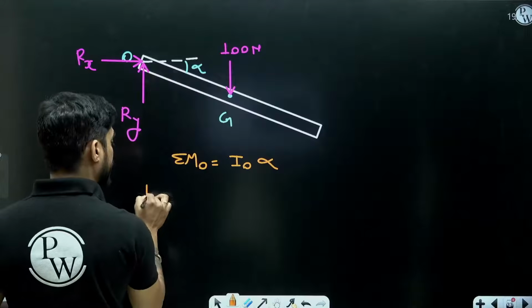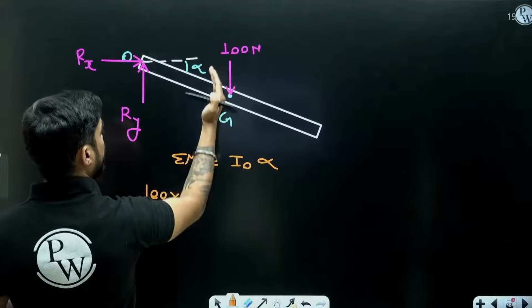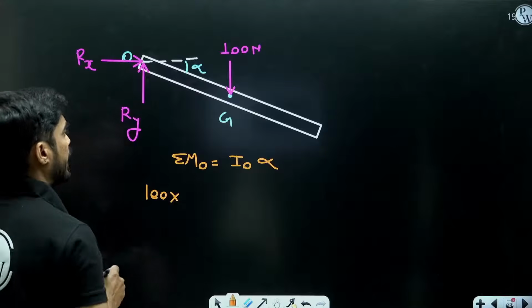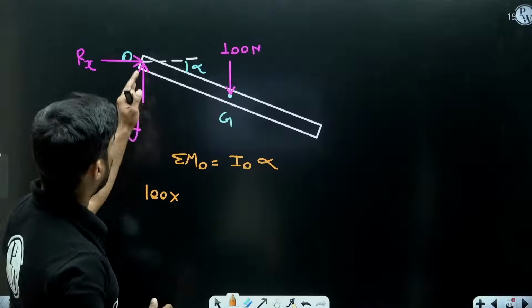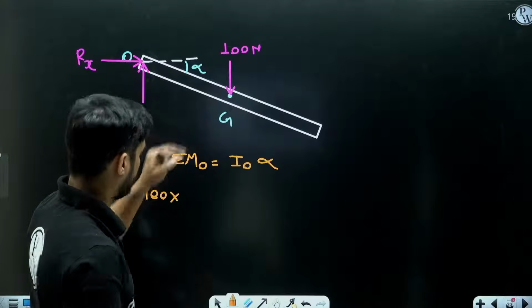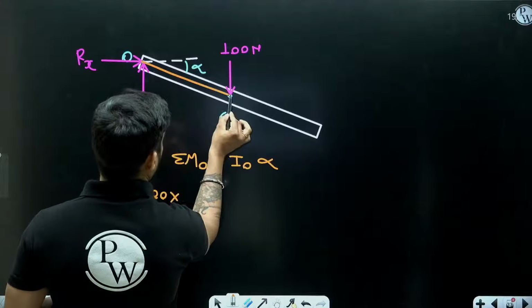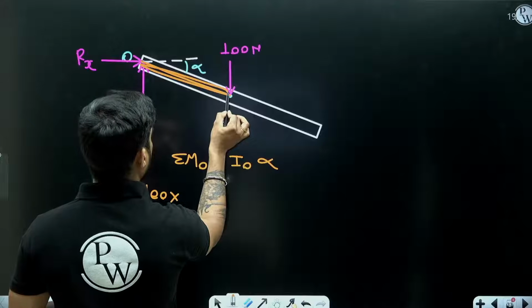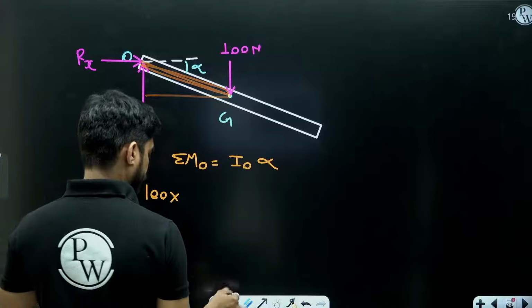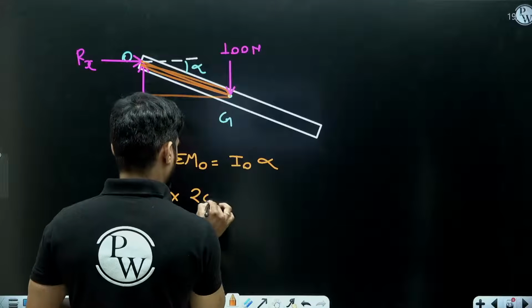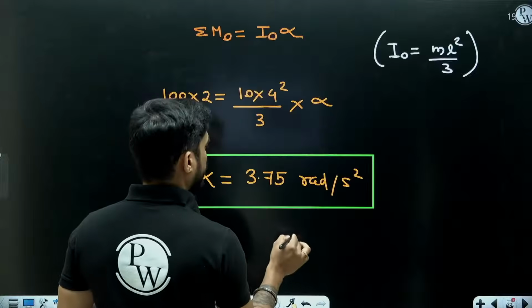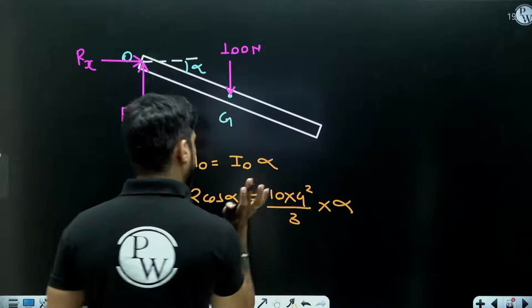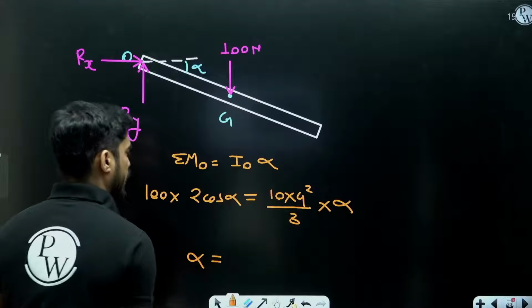Now the moment of 100 will not be L by 2, it will be L by 2 cos theta.